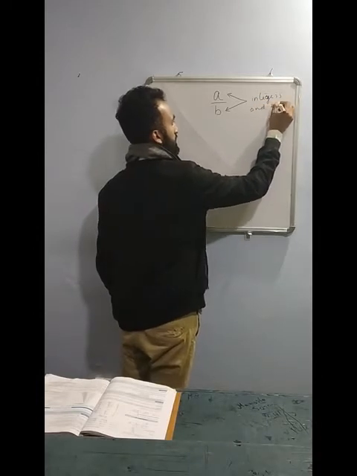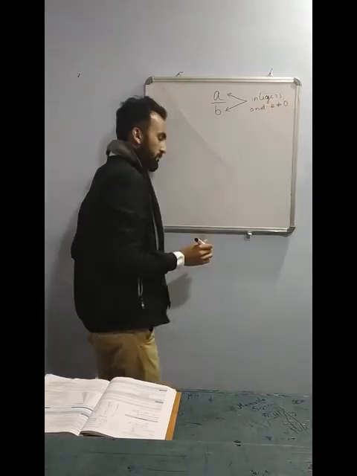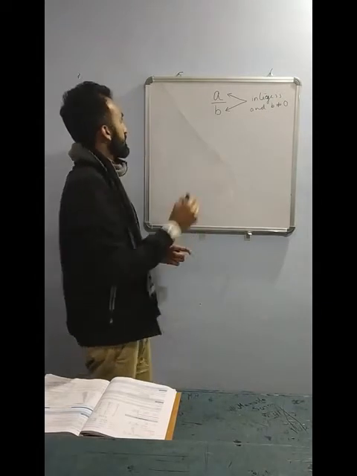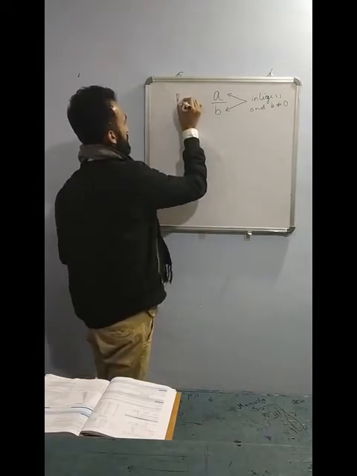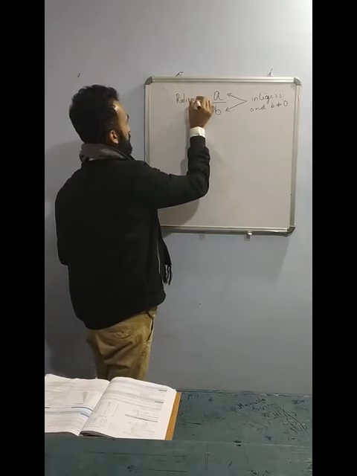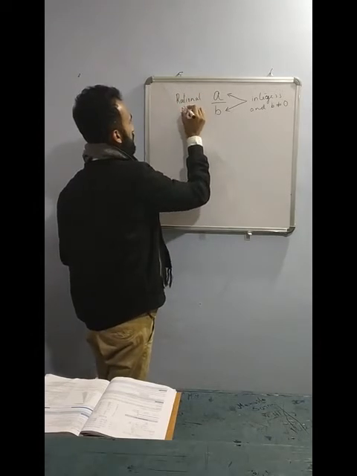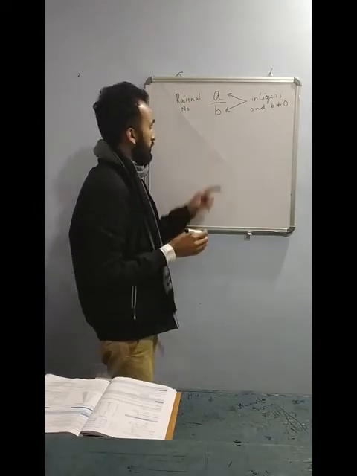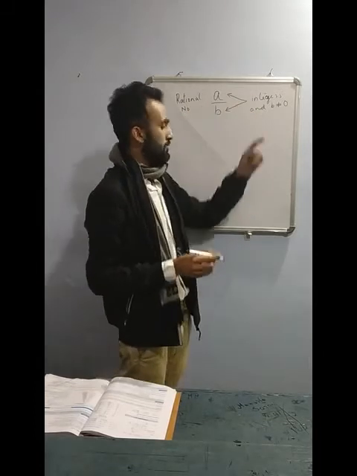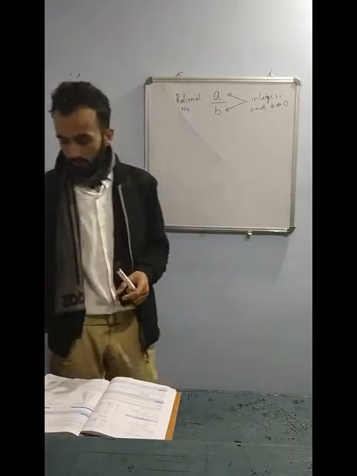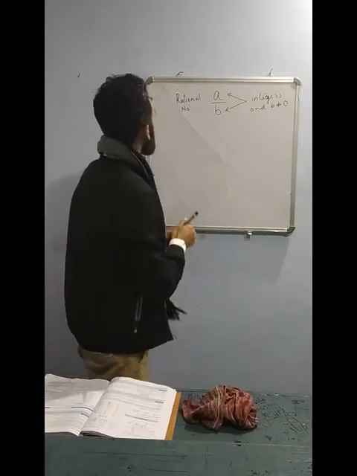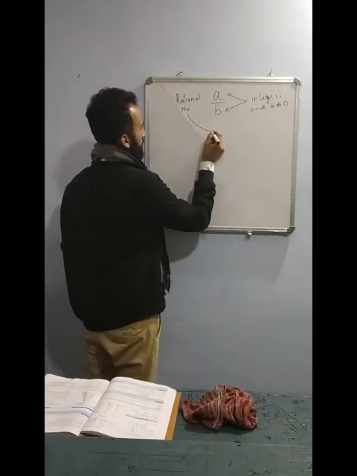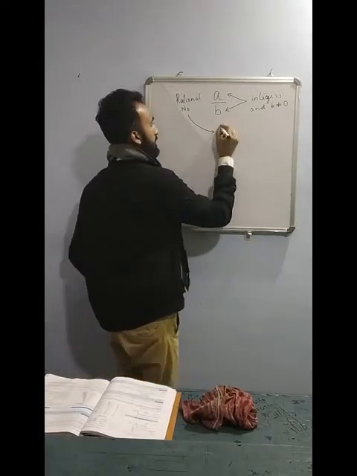We have already discussed why b is not equal to 0. This is the definition of a rational number: any number of the form a by b where a and b are integers and b is not equal to 0.